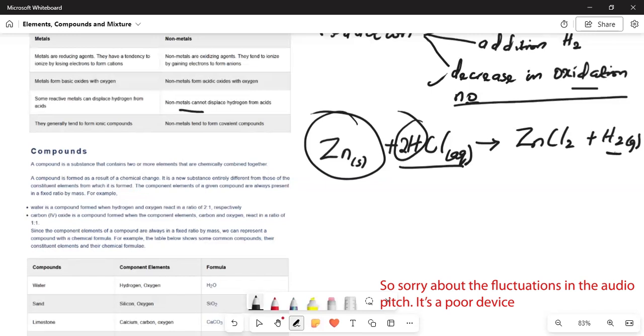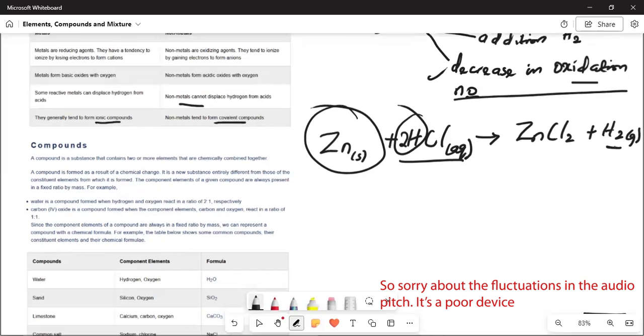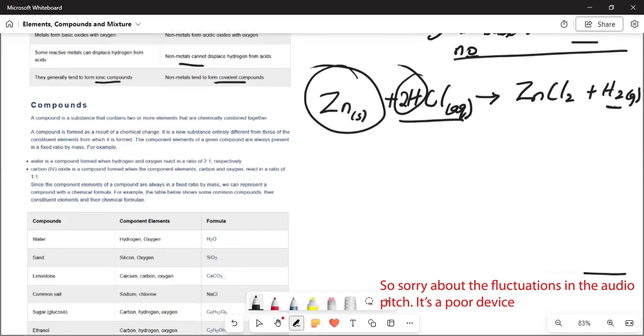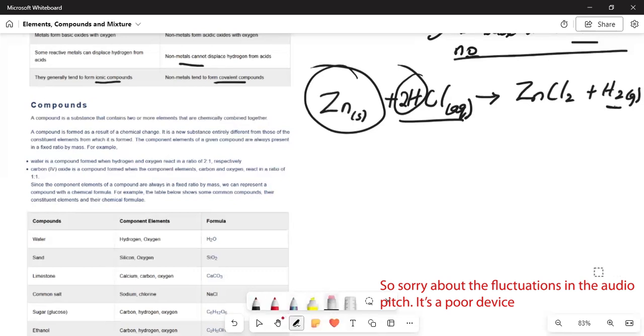Okay? And then the last one, metals generally form ionic compounds, while non-metals form covalent compounds. Now, what is the difference between that? To explain the difference between ionic compound and covalent compound, let's understand what we call electrovalent and covalent. Recall that we said that metals ionize by losing electrons, while non-metals ionize by gaining electrons.